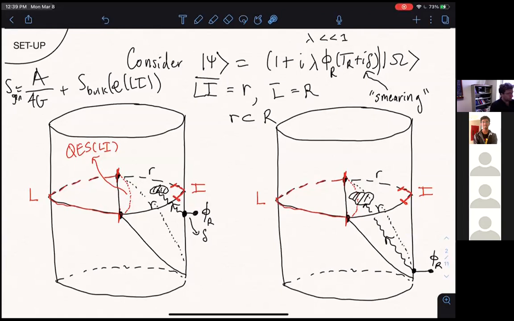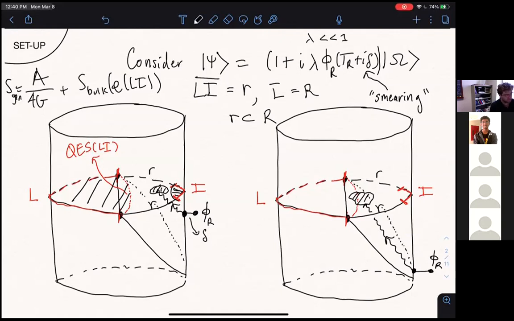Question, yeah. Adam? I'm a little confused. So what is E of LI? E of LI in this picture would be everything bounded by this dotted red line, union a little entanglement wedge here. Or maybe it's the causal completion. I'm being a bit sloppy in my language there, but it's the causal completion of that codimension 1 region that I've shaded in.